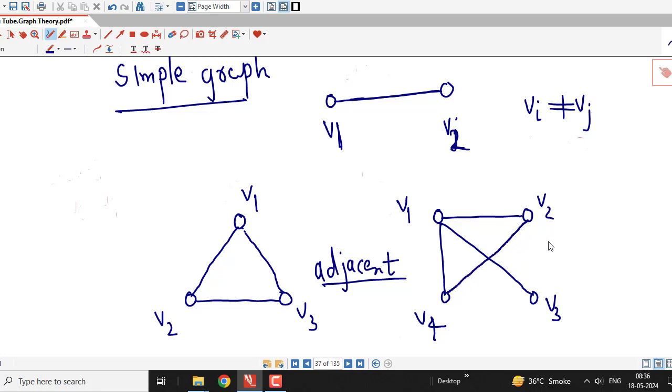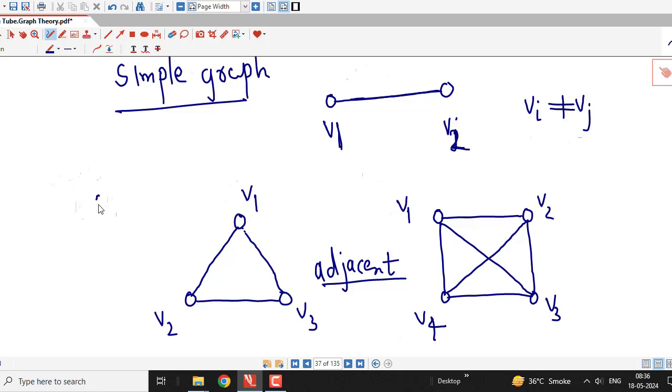So V2 also has to be joined with the three vertices V1, V4, V3, and the same for V3. We can see that if we take any two vertices in this graph, they are joined by an edge, and therefore this is a complete graph on four vertices.